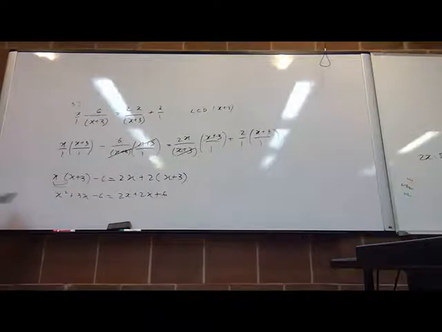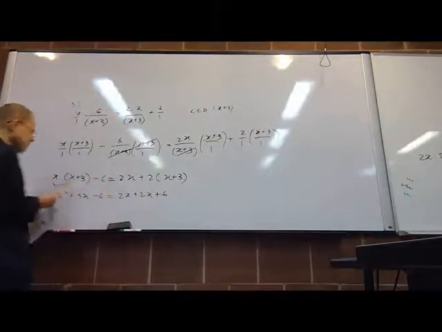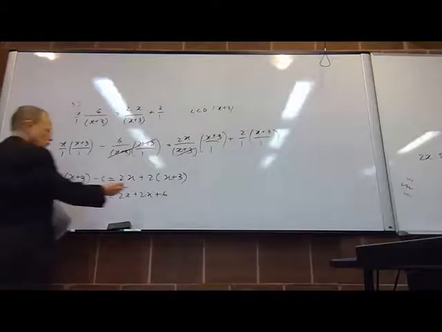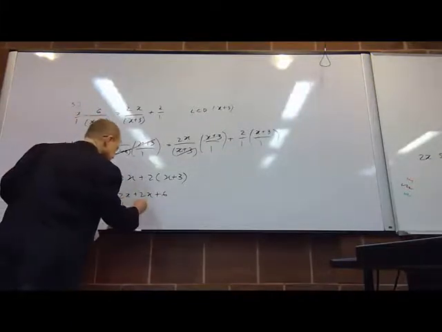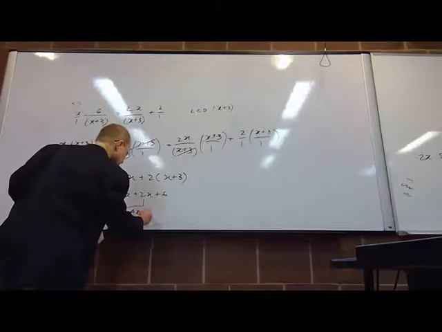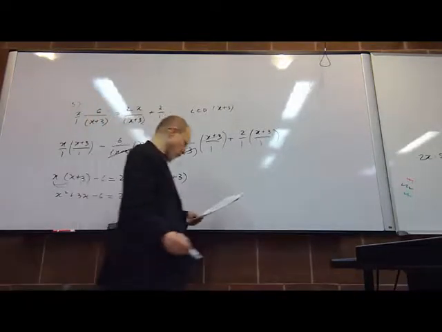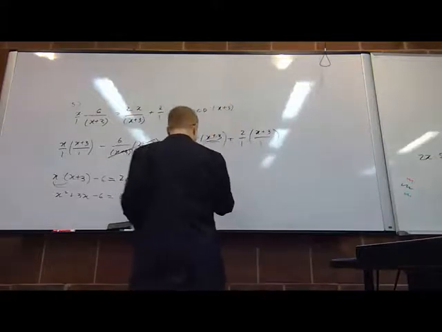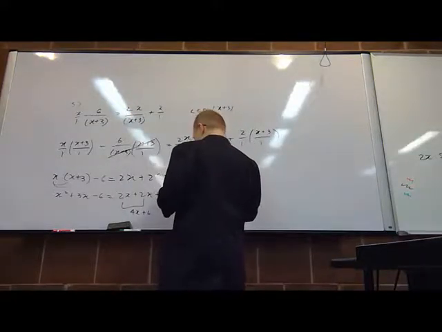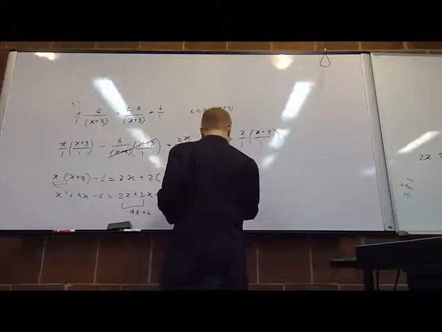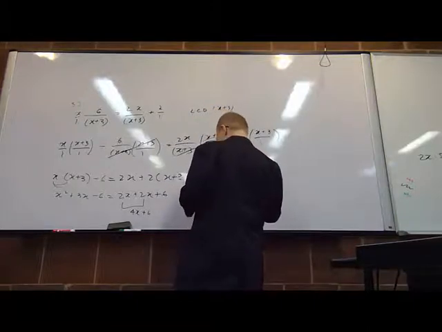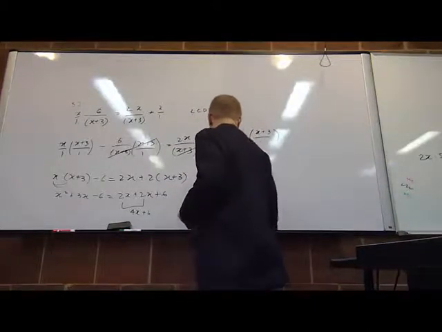And then, as usual, we have to set this equal to 0, so I'm going to have to move all the stuff. I'll bring these two together, make that 4x plus 6, bring everything over that needs to be brought over, and I end up with an equation, x squared minus x minus 12 is equal to 0.